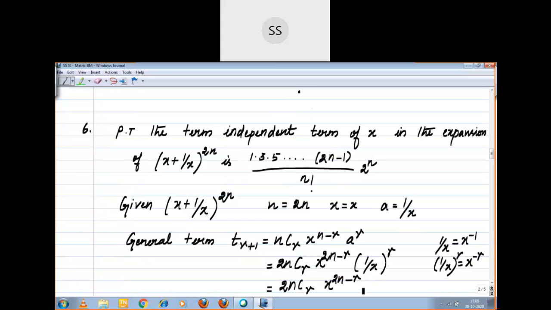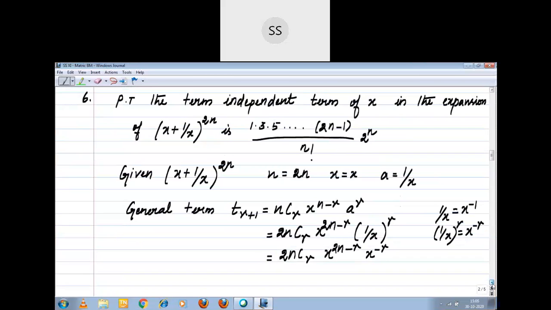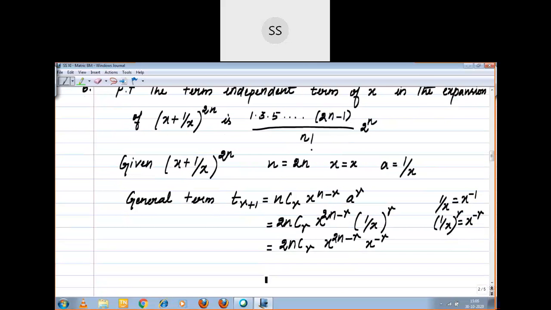Now, 2n CR, x power 2n minus r. When you shift the x to the numerator, it becomes negative. So, see here, 1 by x equal to x power minus 1. 1 by x the whole power r equal to x power minus r. So, this can be replaced by x power minus r.